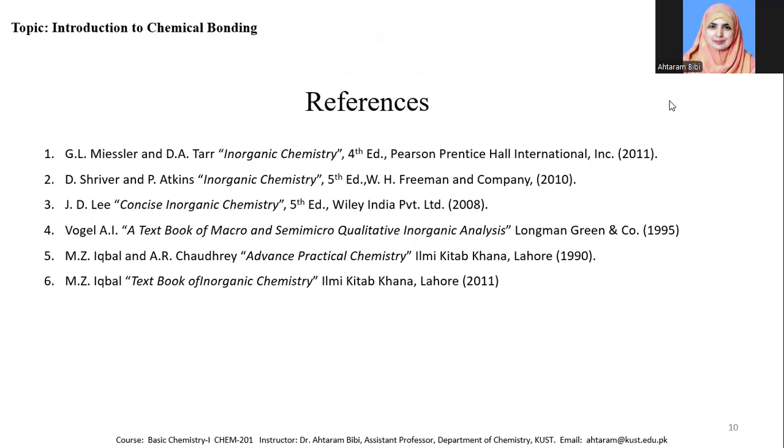The bonding molecular orbitals are formed by the constructive overlap of atomic orbitals, while the antibonding molecular orbitals are formed by the destructive overlap of atomic orbitals. The energy of the bonding molecular orbital is lower and more stable as compared to the antibonding molecular orbital, which is destabilized and has higher energy. From this concept, we can calculate the bond order, and from bond order, we can see which bond is stronger and which is weaker. Thank you.